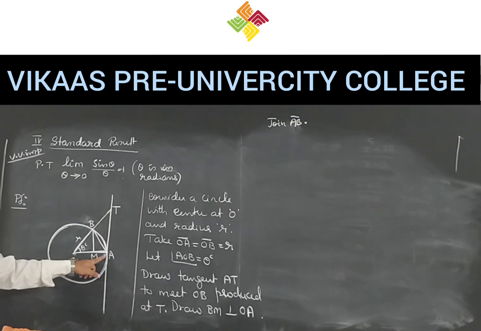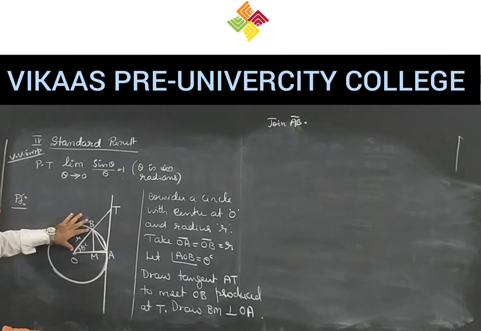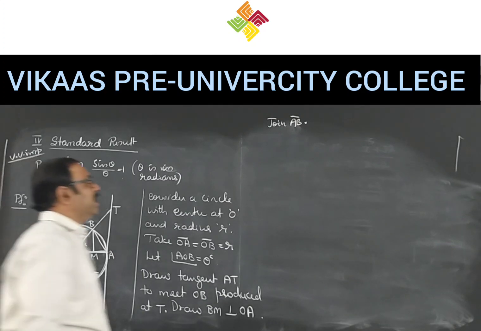You draw the tangent AT. Tangent is drawn through A to meet this OB produced at T. Now join A. Now all of you look at this figure.